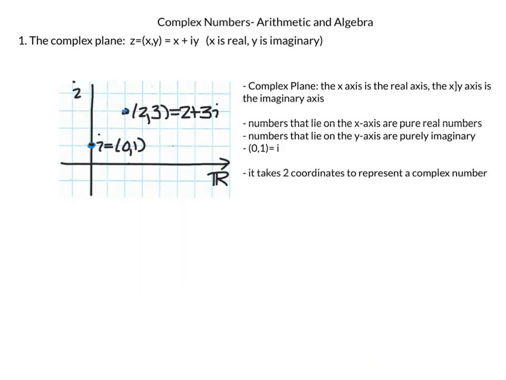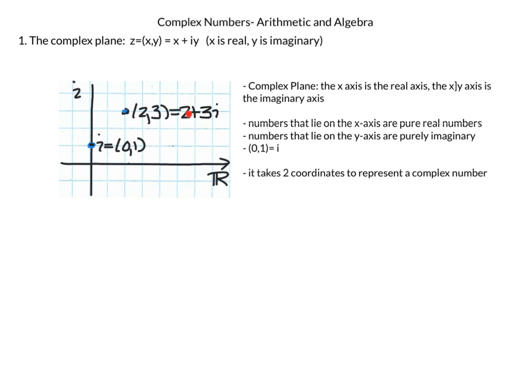The first thing to know is that imaginary numbers can be represented in the complex plane. So if z is a complex number, equal to x plus iy, then we can represent it with this ordered pair (x, y), where x represents the real part of the number and y represents the imaginary part. An example would be the complex number 2 plus 3i.